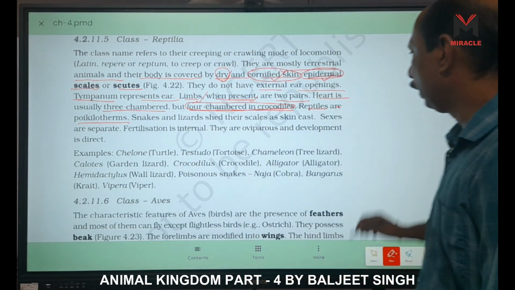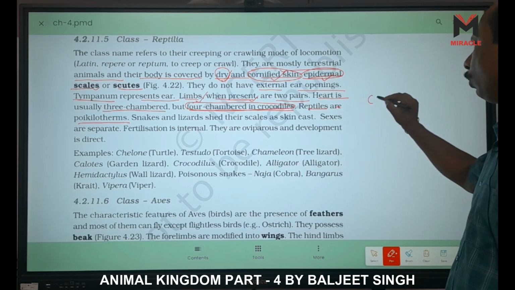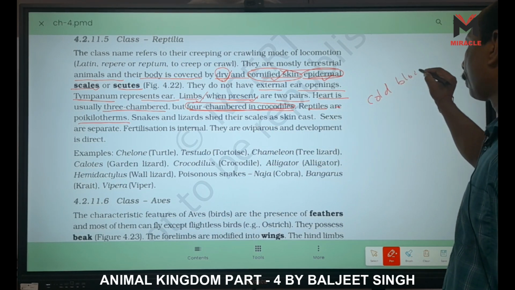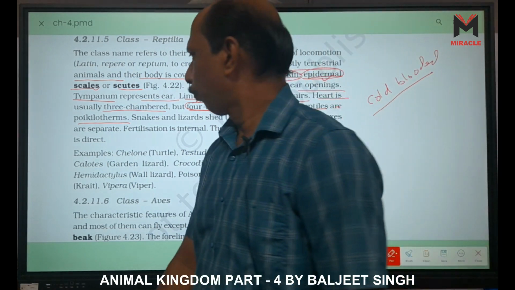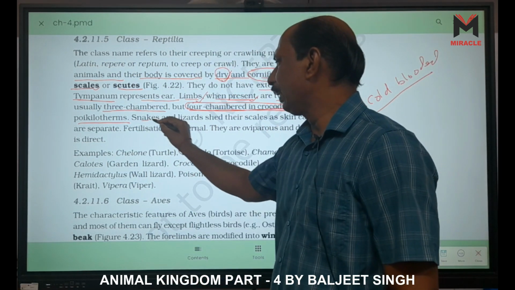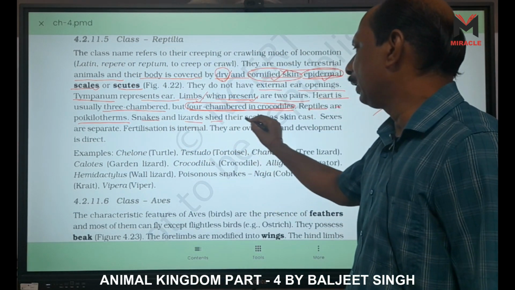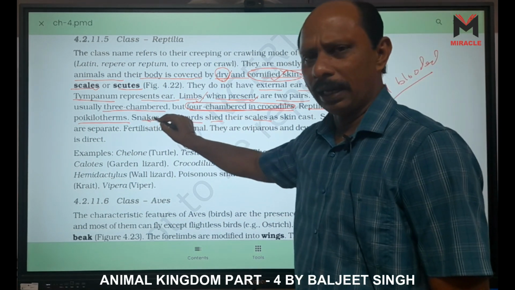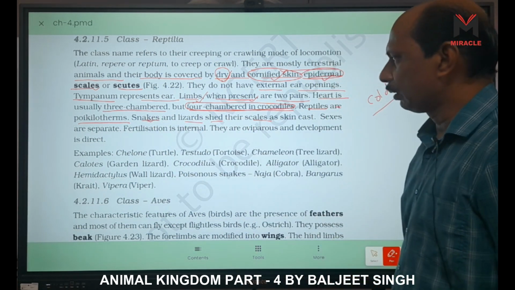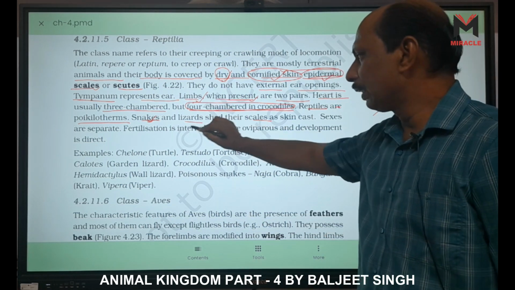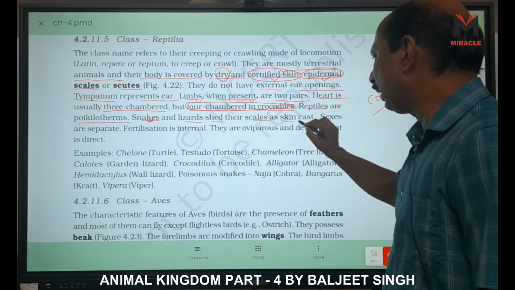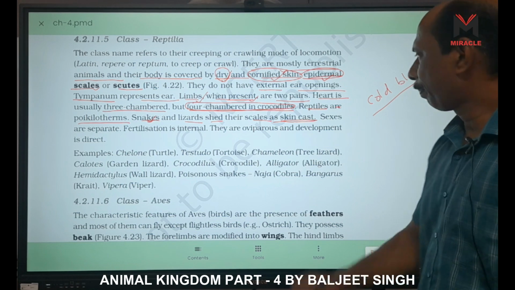Poikilothermal means their body temperature varies, so they are cold-blooded animals, right? Snakes and lizards shed their scales. Sometimes you can also see this in snakes. But lizards shed their scales as skin cast, right?